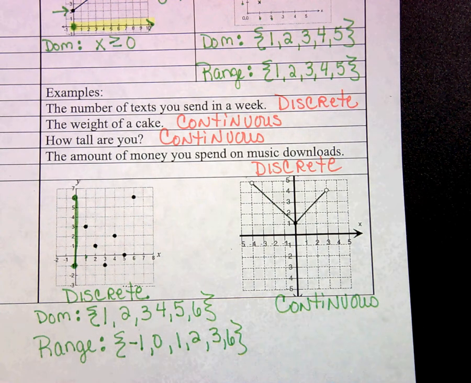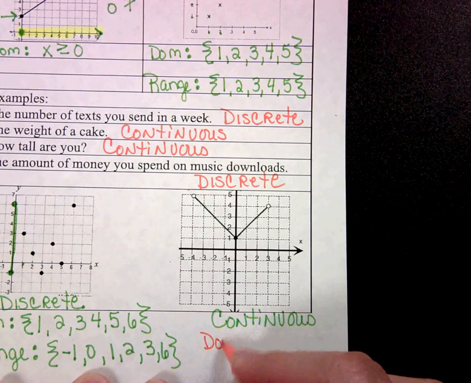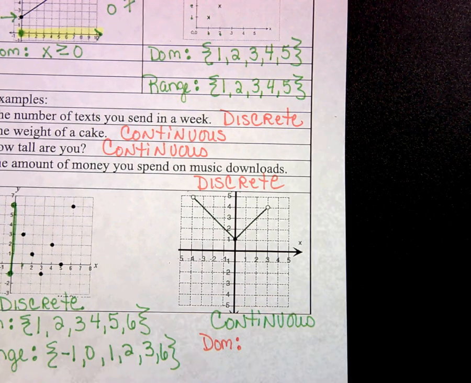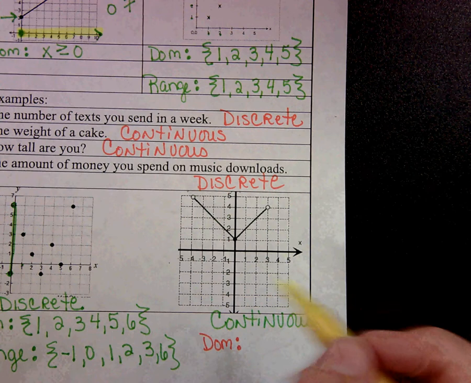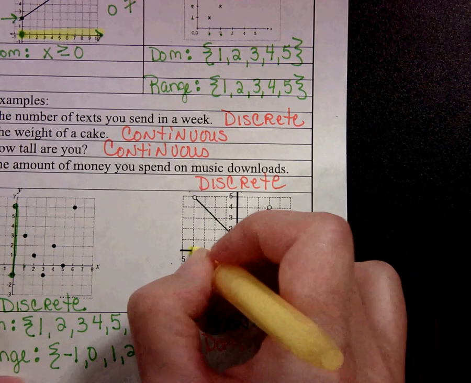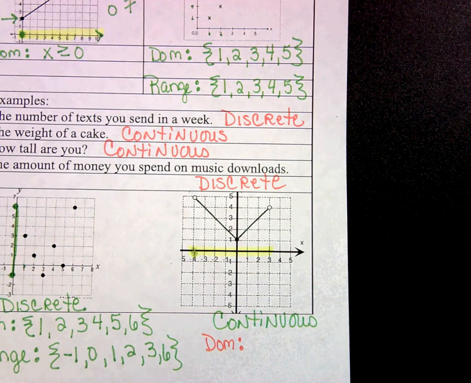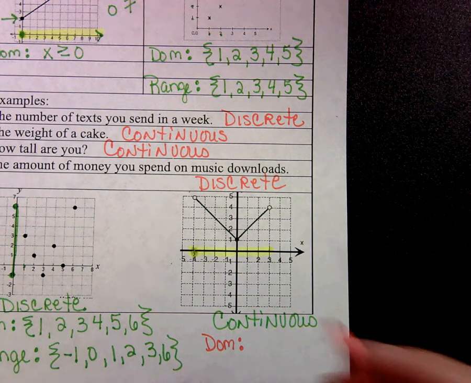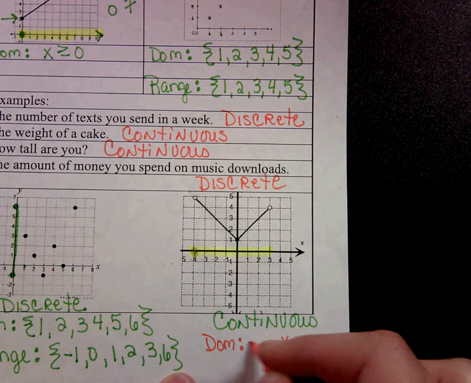Looking at our continuous graph, remember our domain and range for continuous is going to be listed as an inequality. Now this graph is different than our above example because it has 2 stopping points. It goes from -4 to 3. And so we're going to write what's called a compound inequality. We know that the lowest x can be is -4.